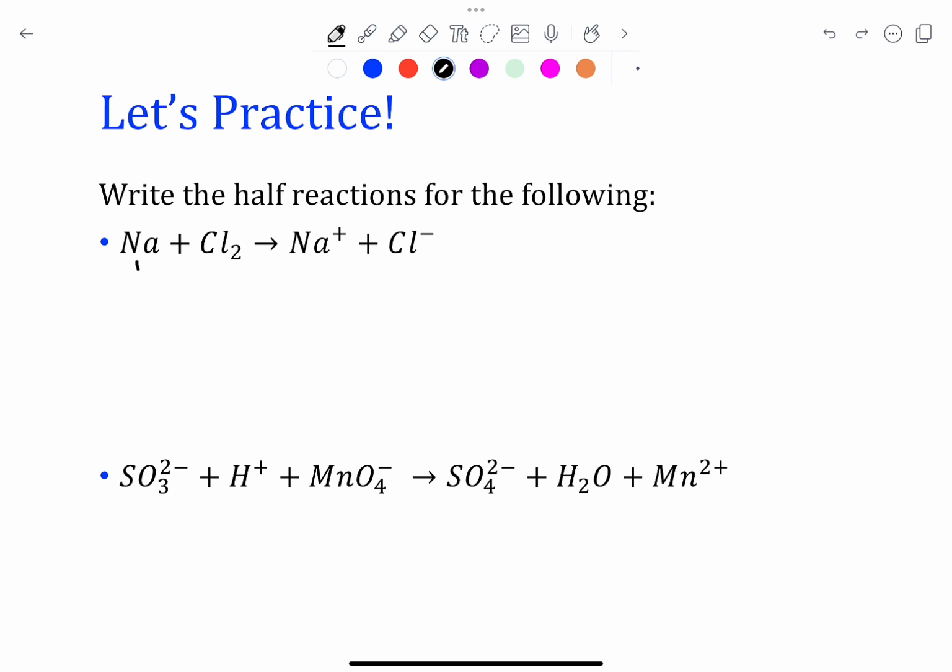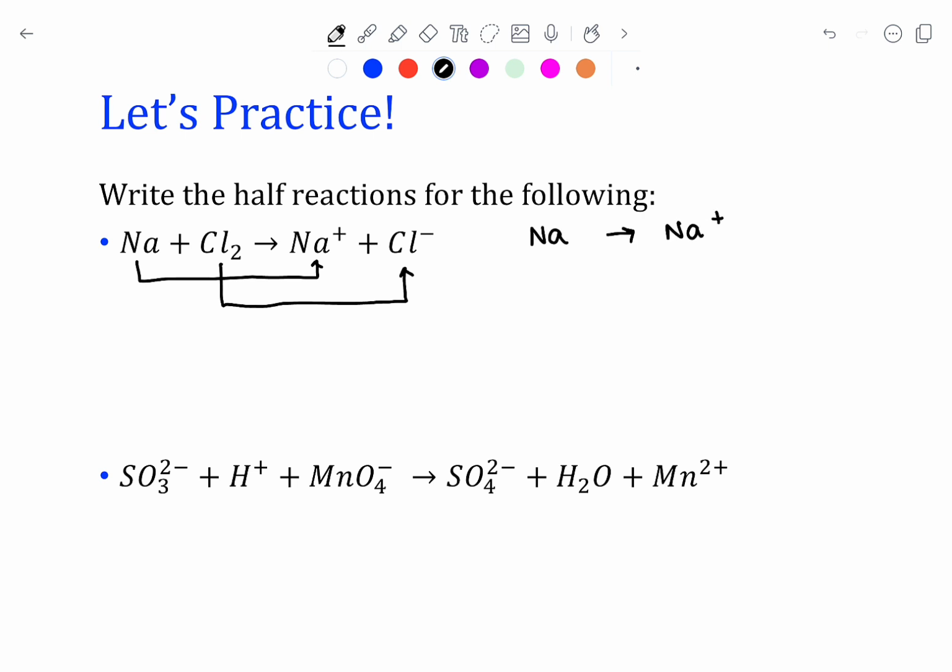So sodium turns into sodium ion, and chlorine turns into chloride ion. Our half reactions would be Na turns to Na+, and Cl2 turns into Cl-.